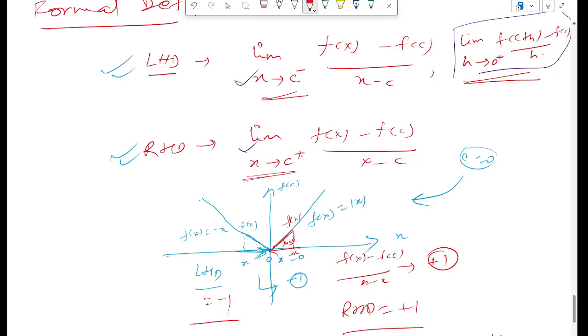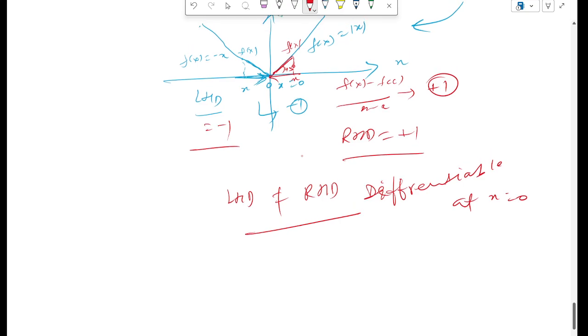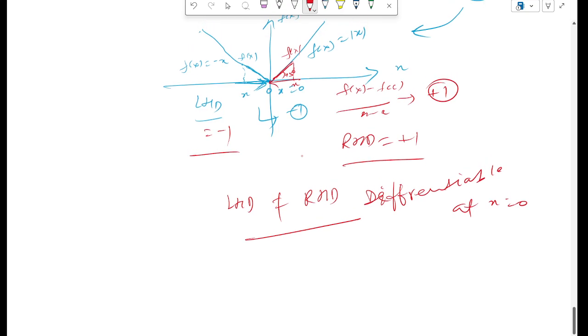There should not be any mismatch when we go very close to c. If there is a mismatch, that means the curve was not smooth at that point. If it was smooth, then there would not have been any drastic change in the slope, right?